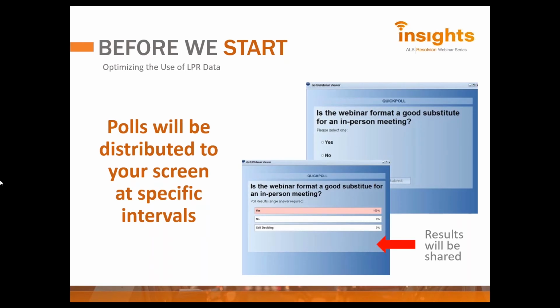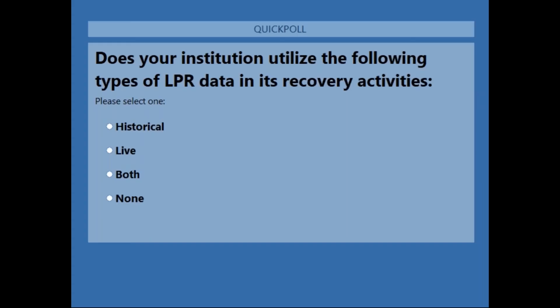In fact, let's go ahead and try this out. I'm going to display the first poll here. Does your institution use LPR in the following ways? If you'll just click on that, in a minute, I'll close it out and share the results.